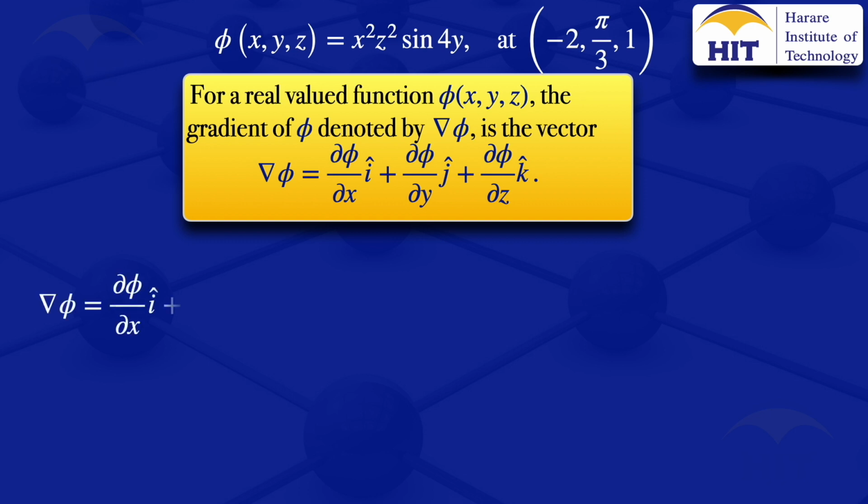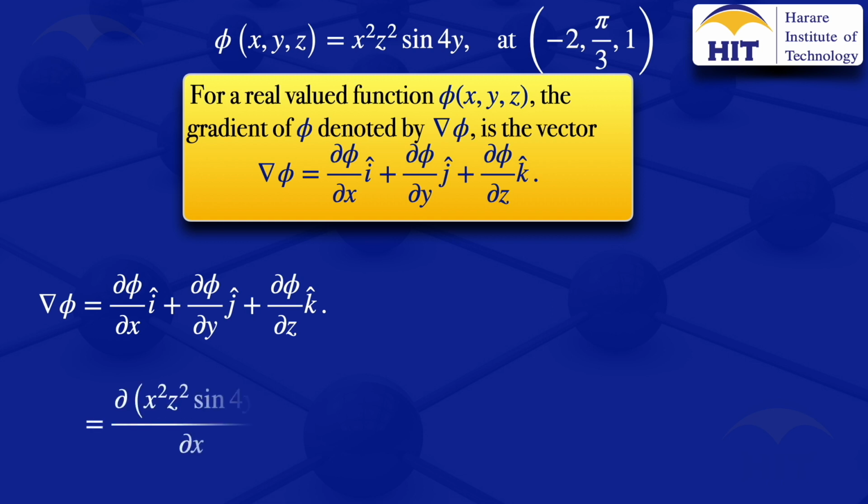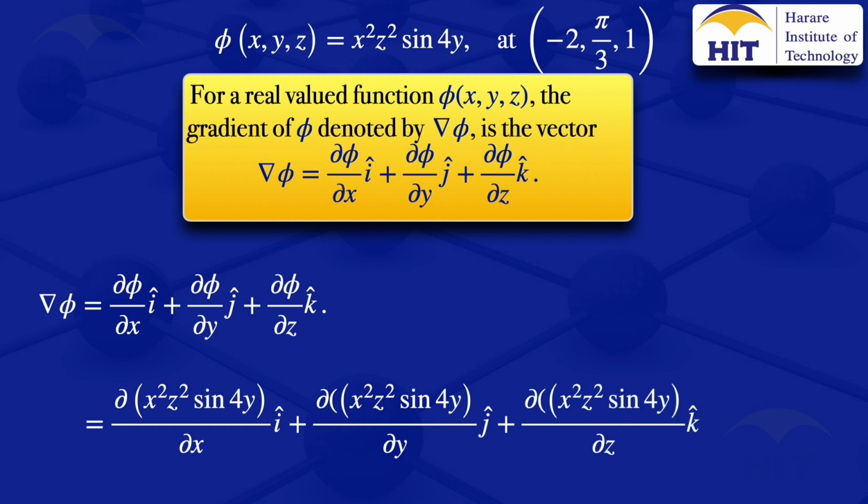So I'll just write my grad phi there, the one with three components, and then put the function that we are given here, x squared z squared sine of 4y, so that we have our grad is the partial derivative of the phi there with respect to x, then with respect to y, then with respect to z, after substituting the phi that we are given.